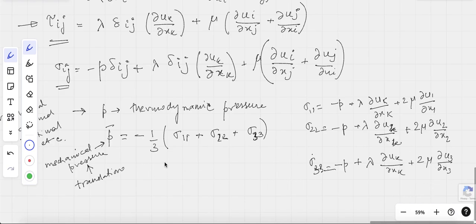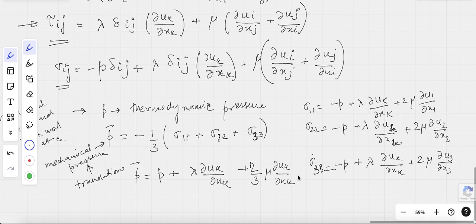If we add these three and substitute over here, we will have plus lambda duk by dxk plus 2 by 3 mu duk by dxk.